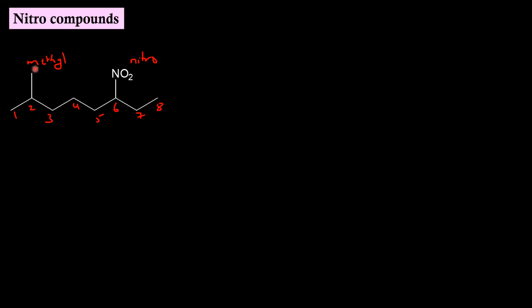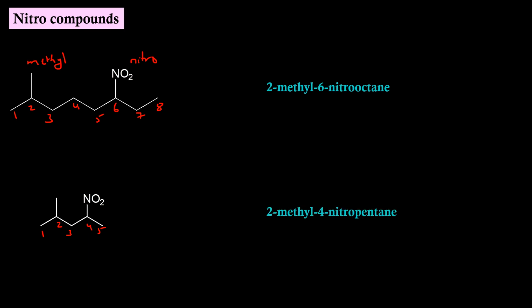Since M comes first in the alphabetical series, IUPAC name will be 2-methyl-6-nitrooctane. Again in this case, we should choose the numbering based on their alphabetical series. Since methyl comes first, appropriate numbering will be this one. So the IUPAC name will be 2-methyl-4-nitropentane.